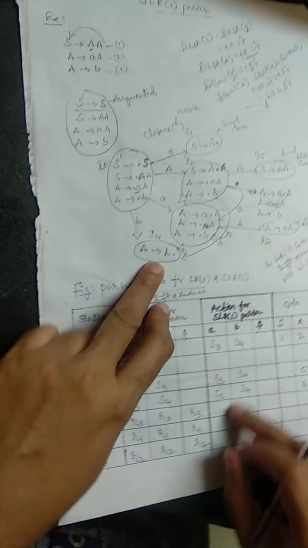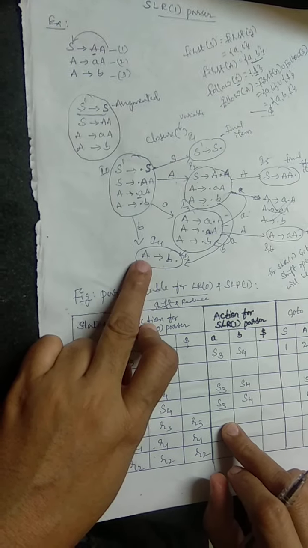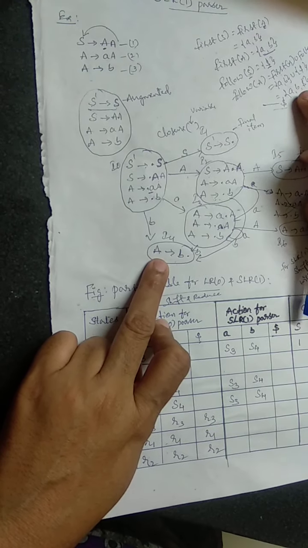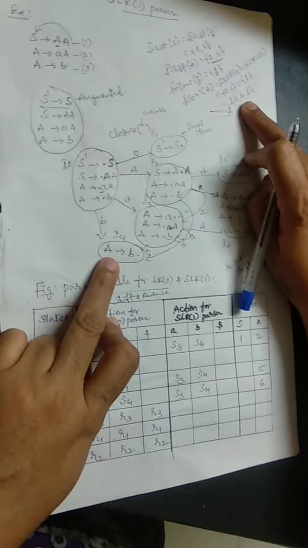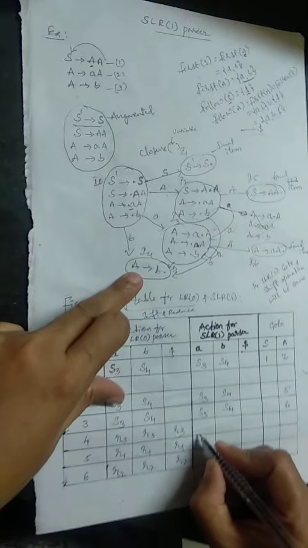So when constructing the SLR1 parser, the reduce uses follow of A, which is a comma b comma dollar. So under a, b and dollar you have to write this production number, that is R3, R3, R3. Don't get confused here.